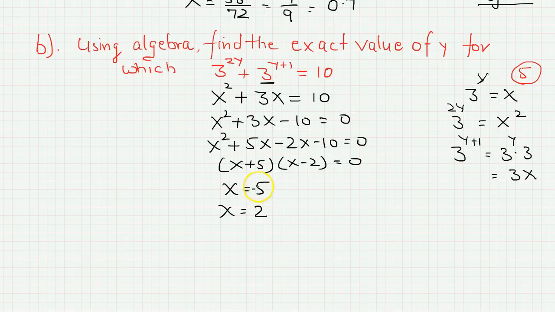So if x is negative 5, x is equal to 3 raised to the power y. So minus 5 is equal to 3 raised to the power y.